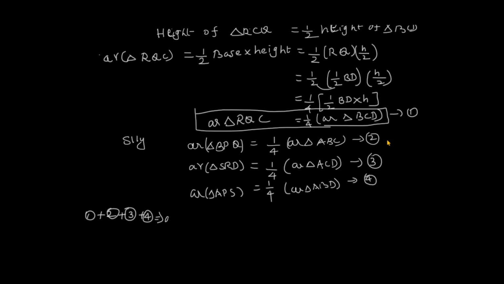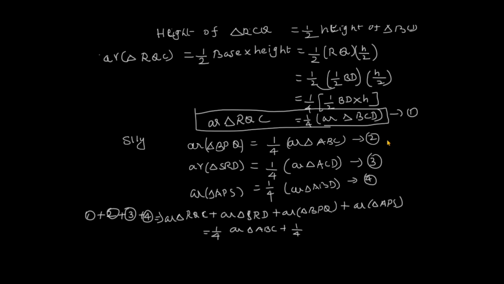We will be getting on the left side area of triangle RQC plus area of triangle SRD plus area of triangle BPQ plus area of triangle APS, which is equal to 1/4 of area of triangle ABC plus 1/4 of area of triangle ACD plus 1/4 of area of triangle ABD plus 1/4 of area of triangle BCD.